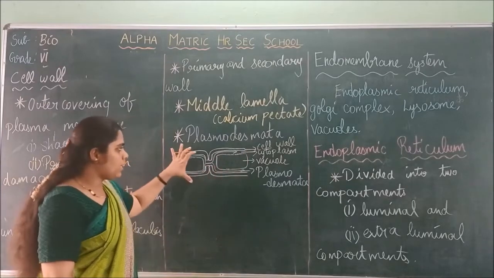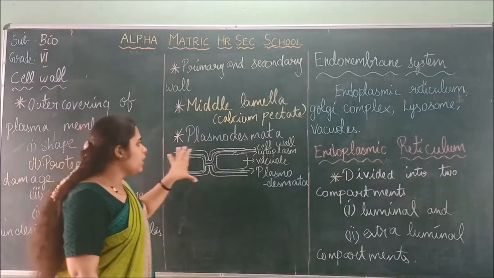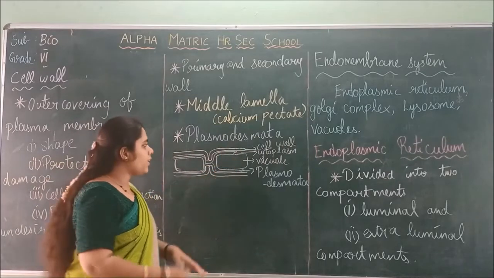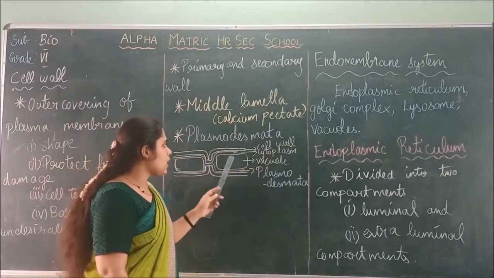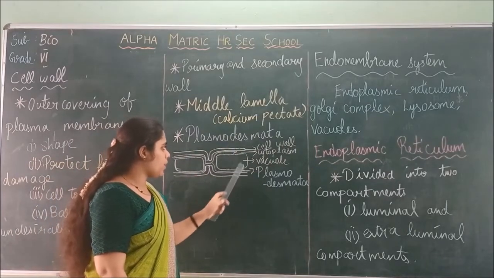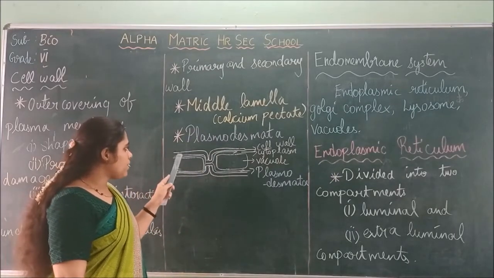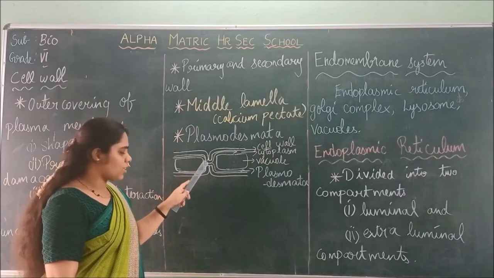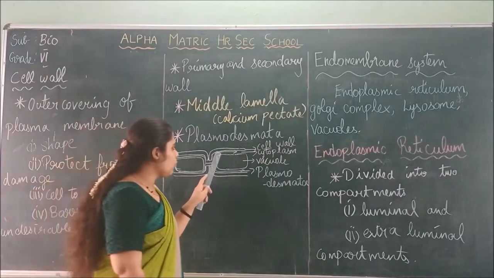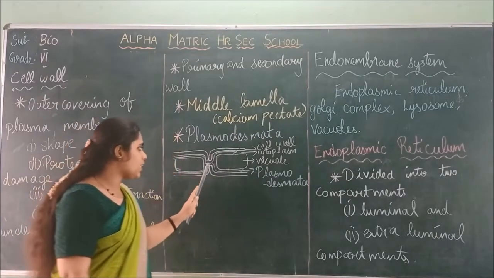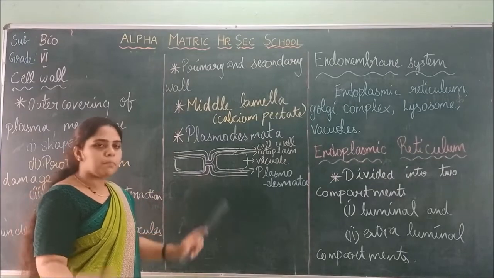Here one cell is there, here another cell is there, the cell wall is present and cytoplasm will be present, and in the center we can find vacuoles. The cytoplasm of this cell and the cytoplasm of this cell are connected by some means.